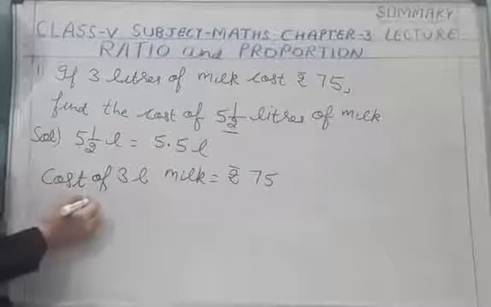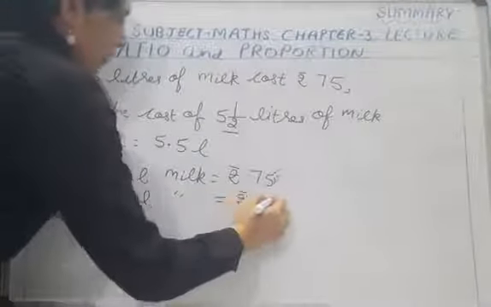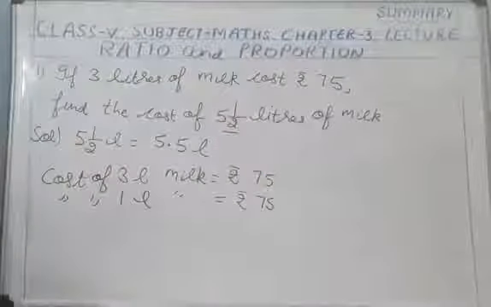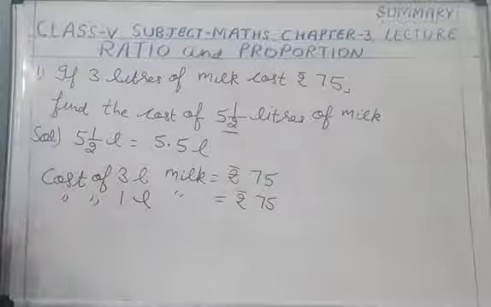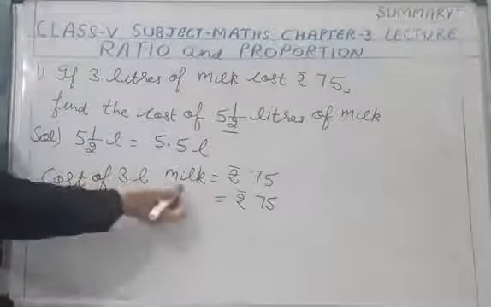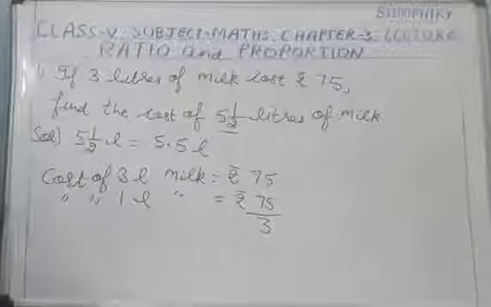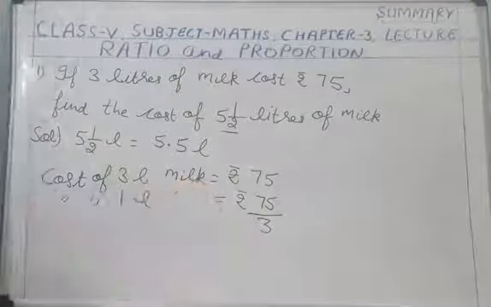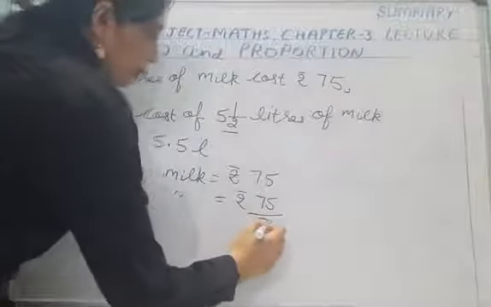So we will find out cost of 1 liter milk, rupees 75. Multiply or divide? Divide, because 3 liters से 1 liter मिल्क कम हुआ है तो कॉस्ट भी कम हो जाएगी. सो वी विल डिवाइड. ओके, नाउ यू कैन डू कैंसिलेशन हियर और यू कैन मूव टू द नेक्स्ट स्टेप. इट्स ऑन यू, अप टू यू.